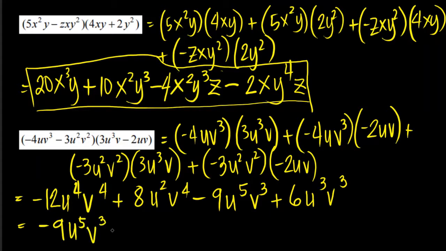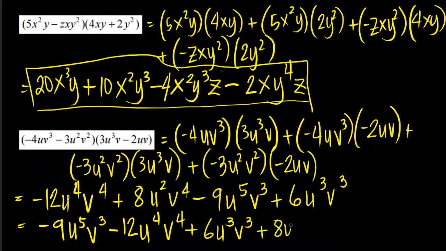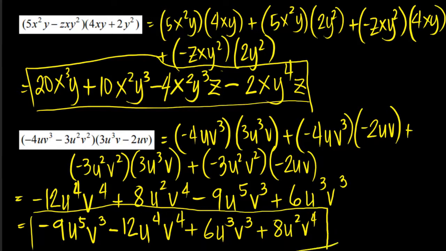Next is minus 12 u to the 4th, v to the 4th. Then 6u cube, v cube, plus 8u squared, v to the 4th. So, our u goes 5, 4, 3, 2, the exponents in order. And final answer.